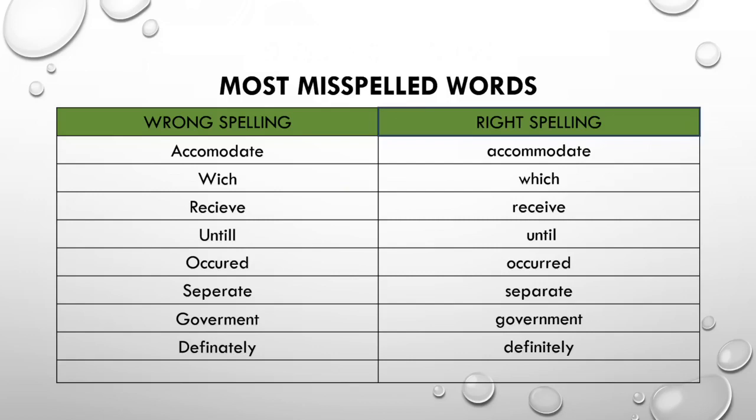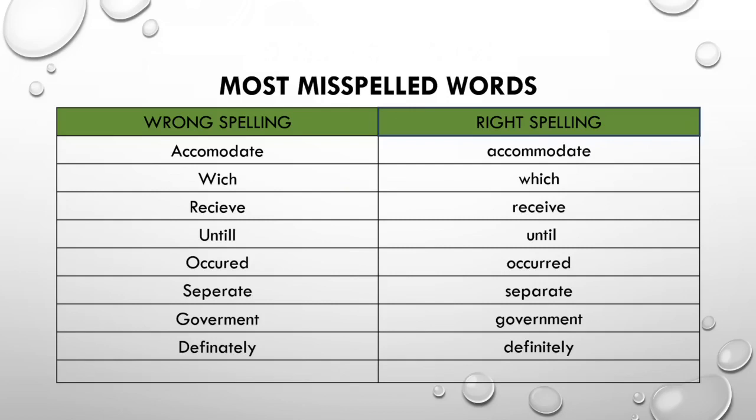Next, another word is which. The correct spelling is WHICH. Maybe because of the pronunciation, some people misspell this as WICH. Another word is receive.